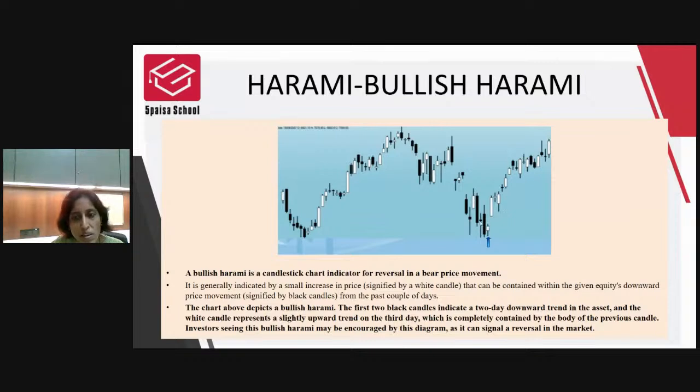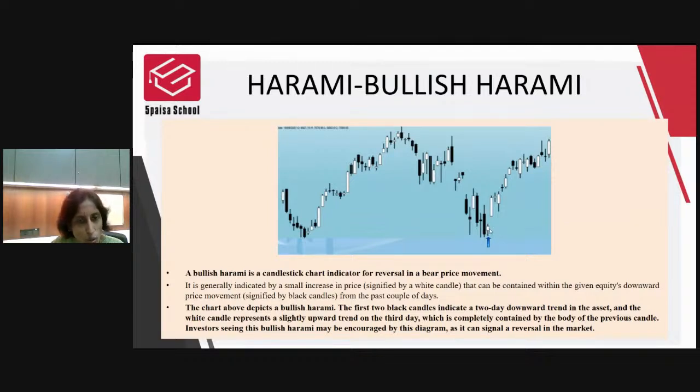right. So you have to be very careful while you are seeing this kind of pattern, that it should be happening when the market is towards its downtrend. And after that, you just see the immediate 2 days' candles, which are black, followed by a white candle having a real body, and a major part of this real body is being contained by the previous day's black body, right?